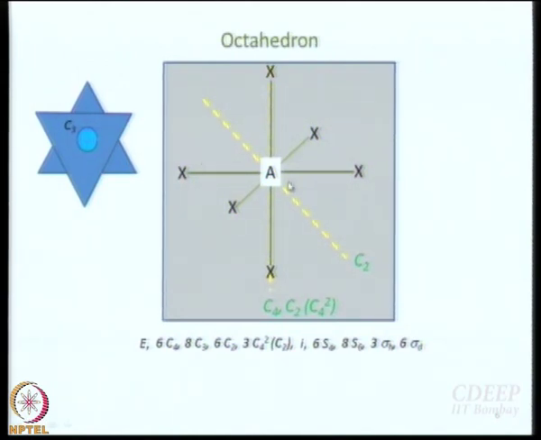Are you convinced that these are sigma d's? To be sigma d, first of all, it has to contain the principal axis. So this thing that we have here, does it contain a principal axis? Yes, it does. And it also bisects the angle between two C2 axes. That is why they are sigma d's.